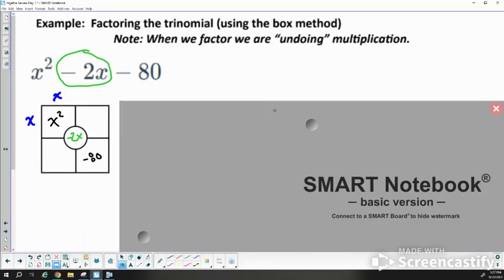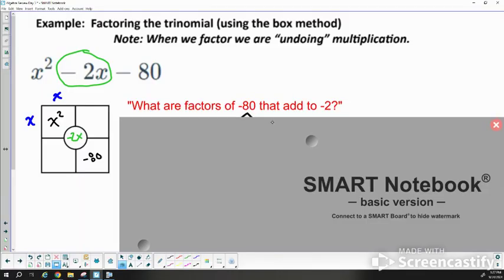Now, just like what we did in the last example, remember how if it's just x squared, there's always a 1 here? We're technically multiplying the 1 times the negative 80, and that's where negative 80 came from. So this will make a lot more sense in a couple of examples.